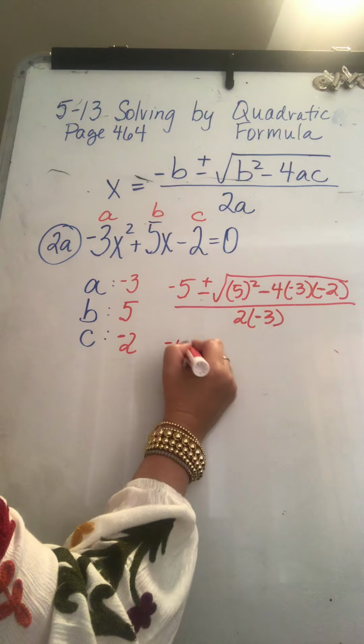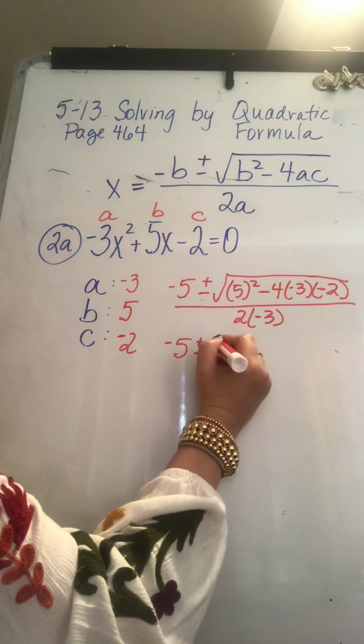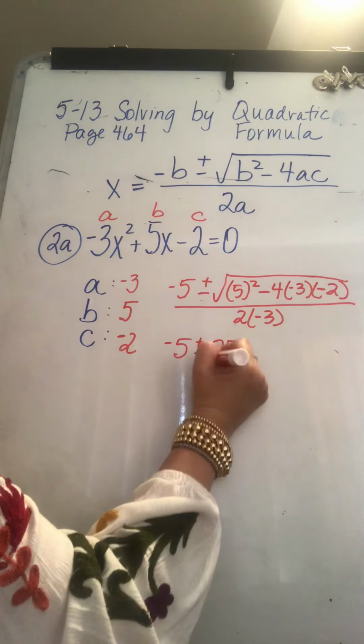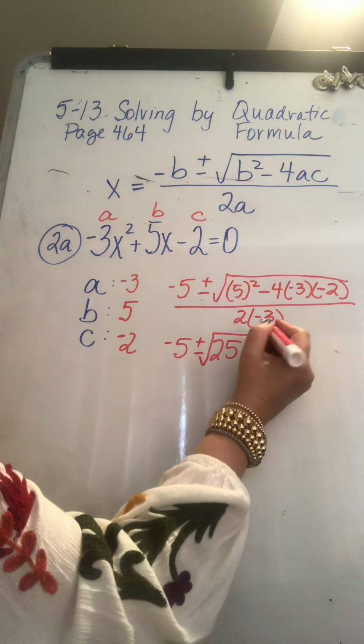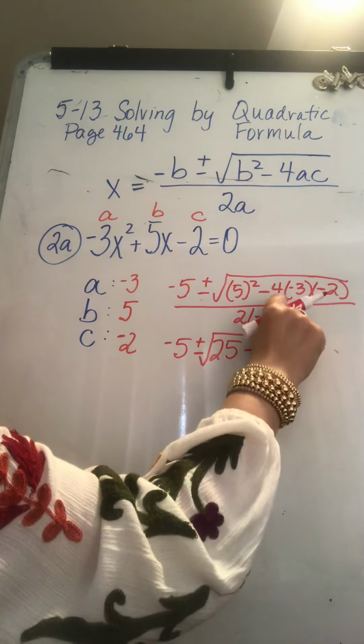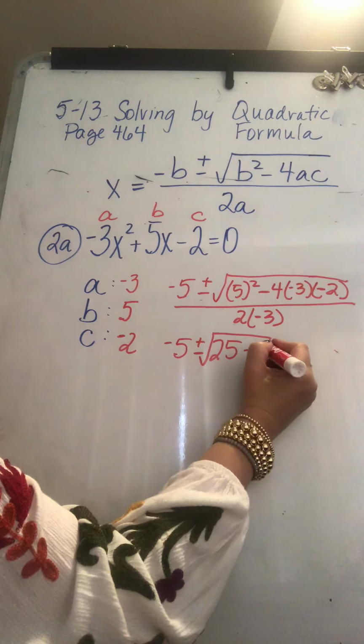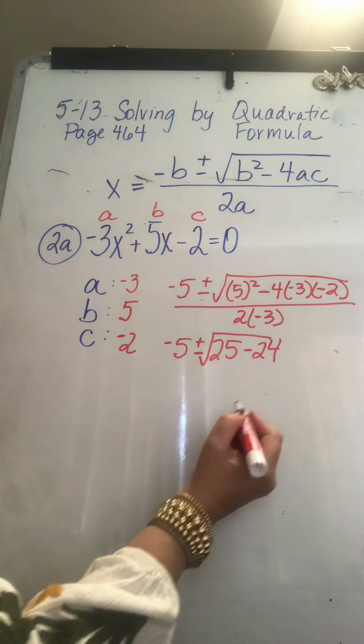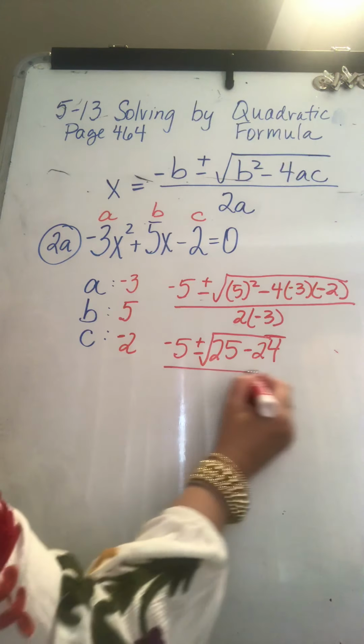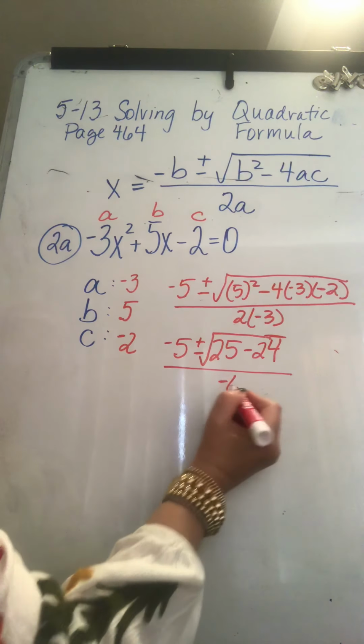So I have negative 5 plus or minus the square root of 25, and this is positive 12 times 2, which is 24, over negative 6.